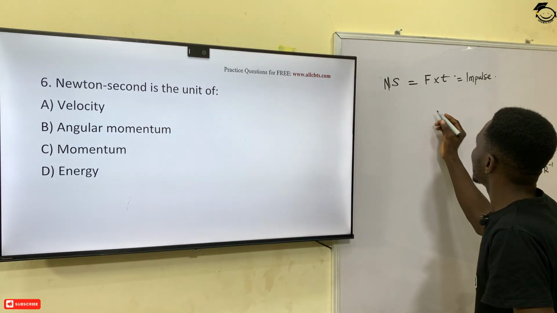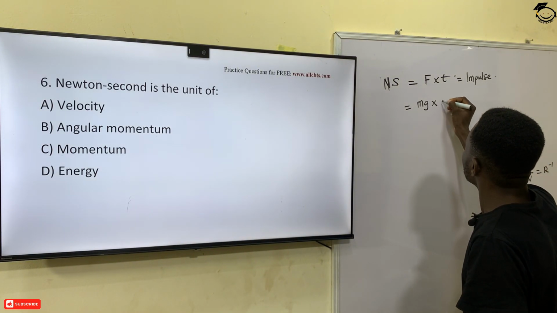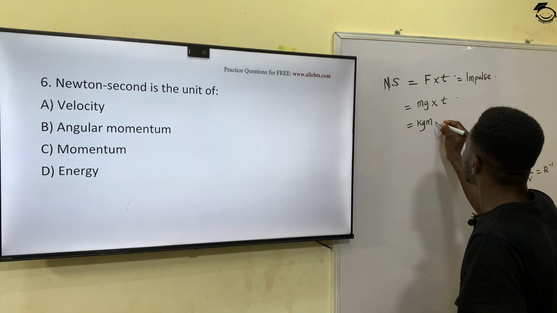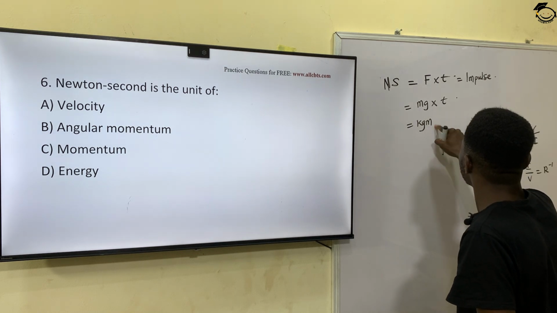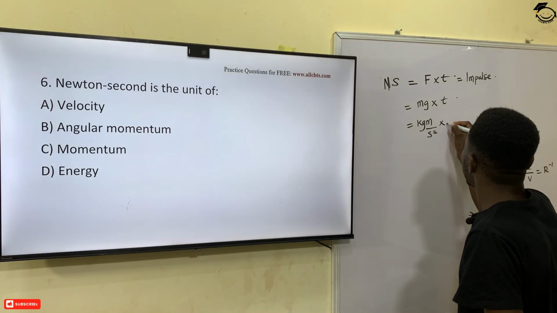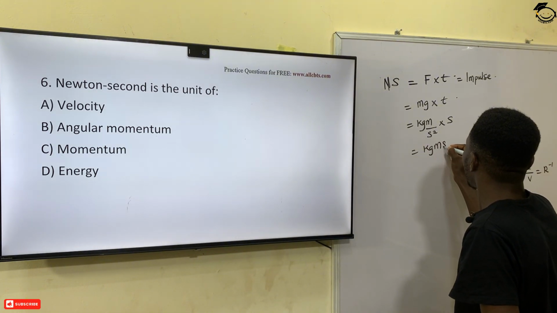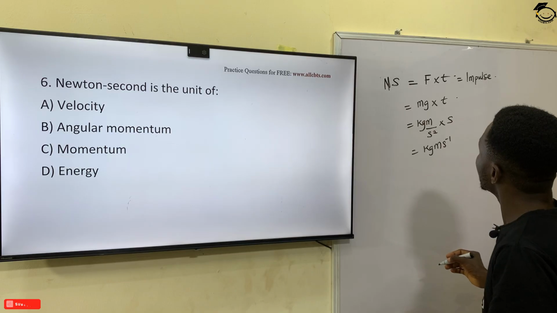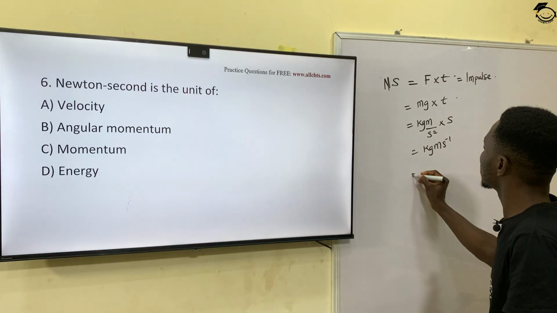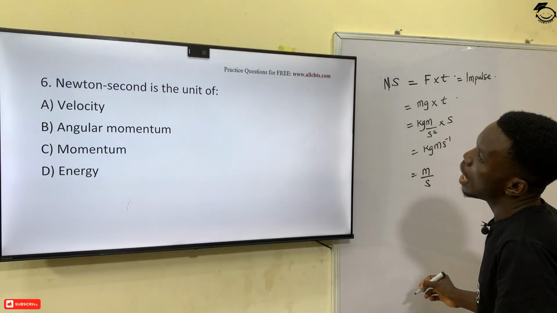So if we simplify this, it is the same as mg times t, which means kilogram meter per second square, times seconds. So this will give me kilogram meter per second. Looking at each of the options, velocity is measured in meter per second, there is no kilogram.